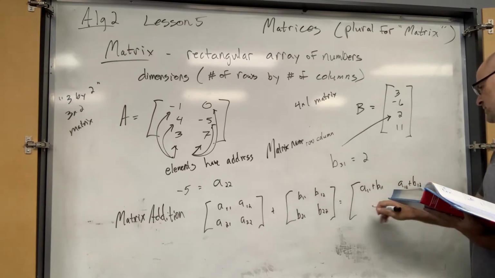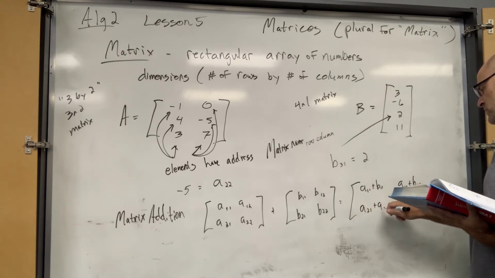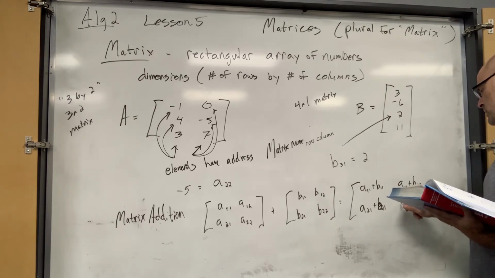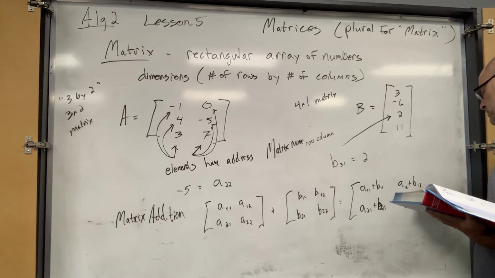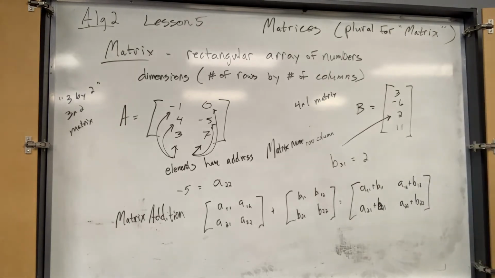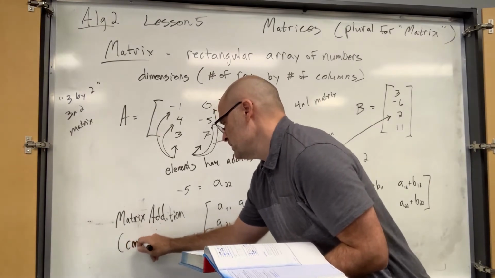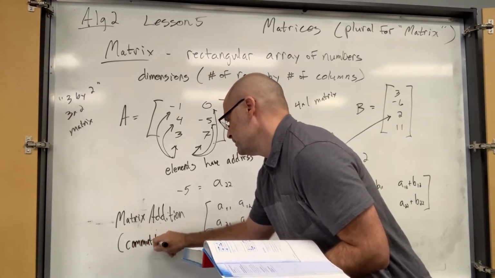You're just adding those corresponding things. It's much more confusing to describe the rule than it is to just give you an example. And it's commutative. So you can do it either way, it doesn't matter.